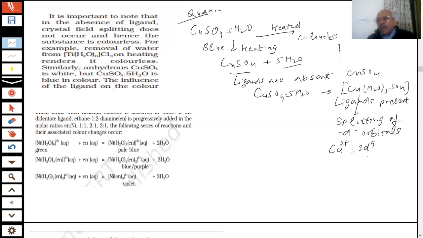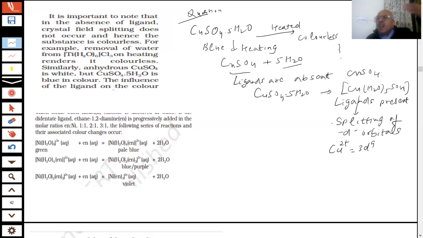Excitation of an electron will take place. The result of that will be that this will be colored. So copper 2 salts are colored because of the splitting of the d orbitals.